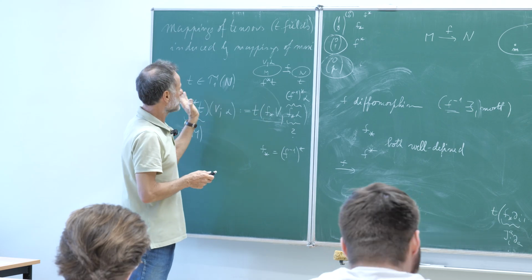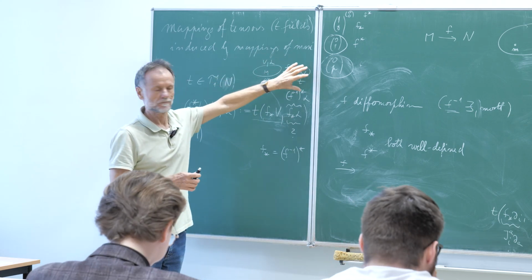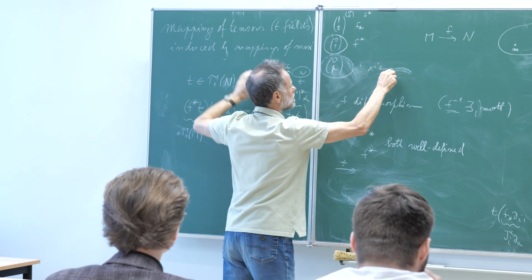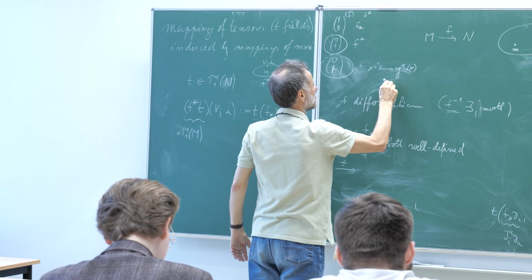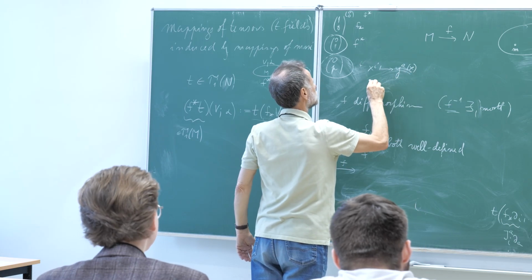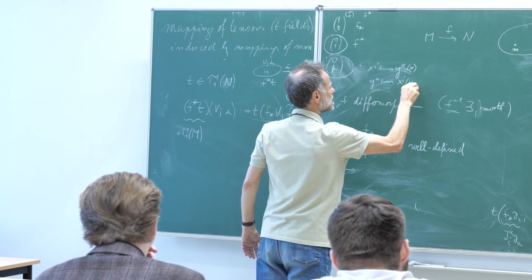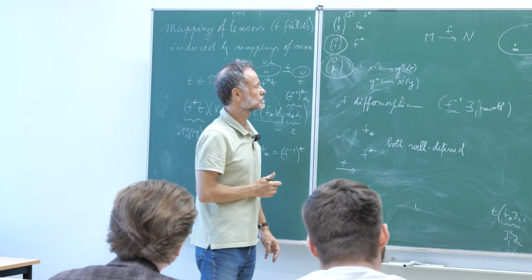When we have these coordinates, the coordinates are in the same number. So if we have some x's going to y's, then also you can construct y's going to x's, because this is a diffeomorphism.